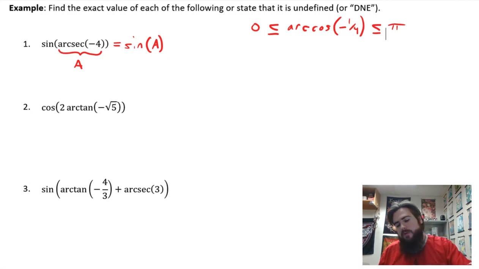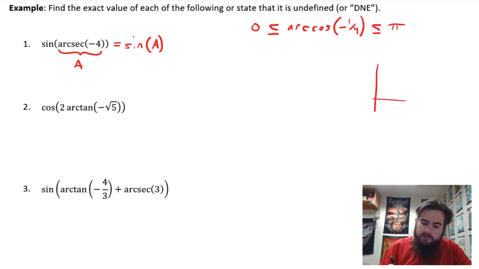Well, it can't be between 0 and pi halves, because that's an angle measure in quadrant 1 of the unit circle, where both cosine and secant are positive. This would happen to be from pi halves to pi, or quadrant 2. So, we will draw to represent our angle measure of A as something that would end up being in quadrant 2.